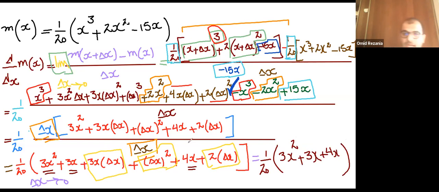And now I'm going to love this term, because this one is essentially the rate of the change which I'm interested in with this function.